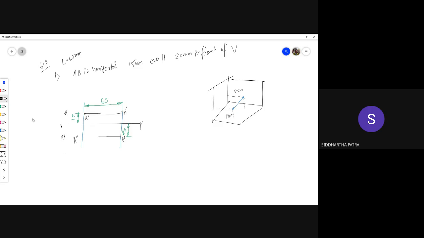And you have already guessed it right, how it would look like in the profile plane. What do you think it would look like in the profile plane? Sir, like a point. Yes, correct.